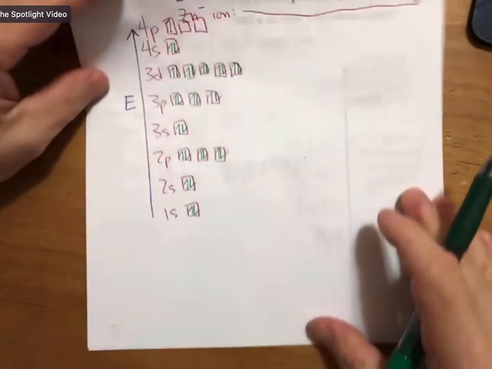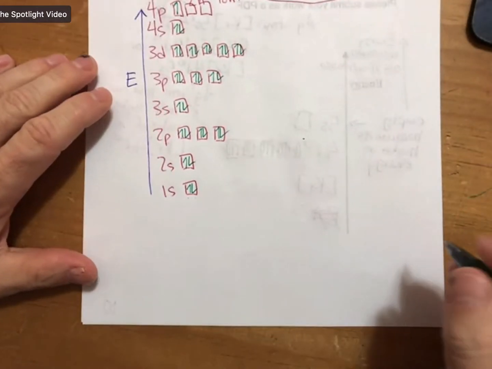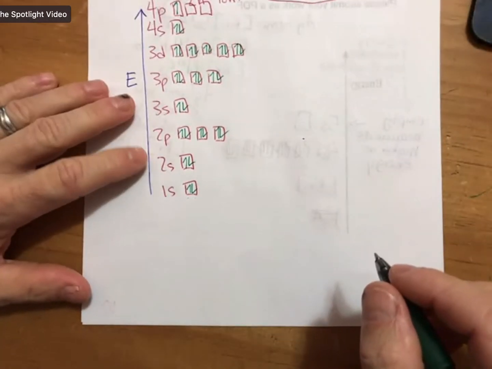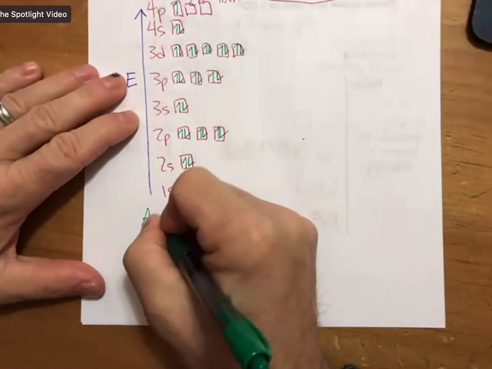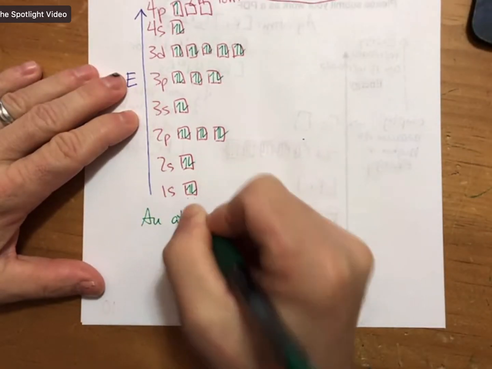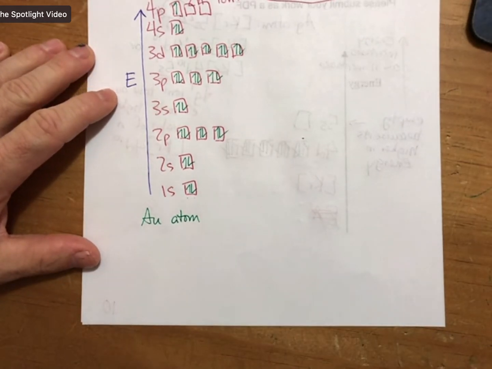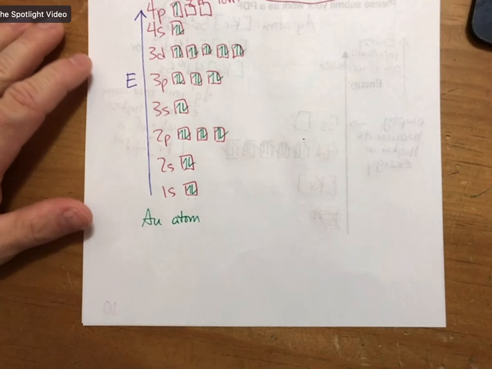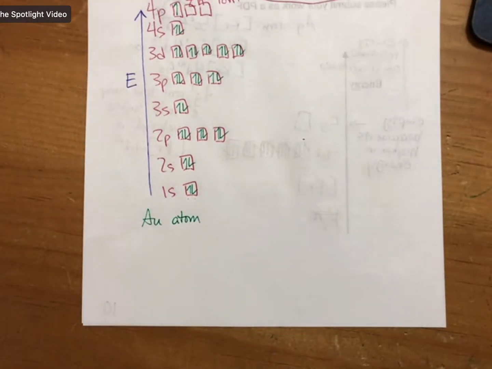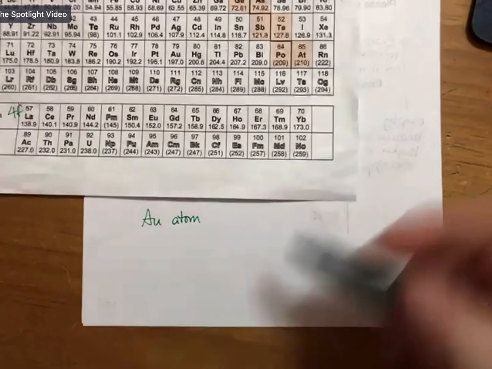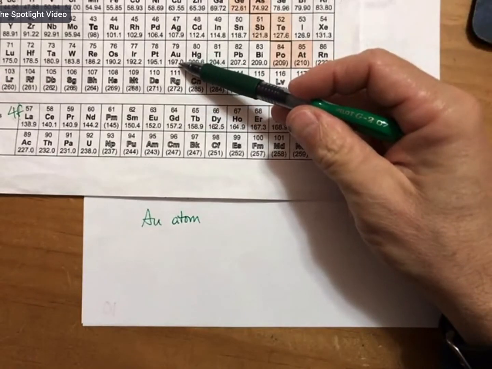All right. So now let's do the electron configuration for gold atom. And then we can talk about how to do it for the gold ion, either positive or negative. So the gold atom, 79 electrons.